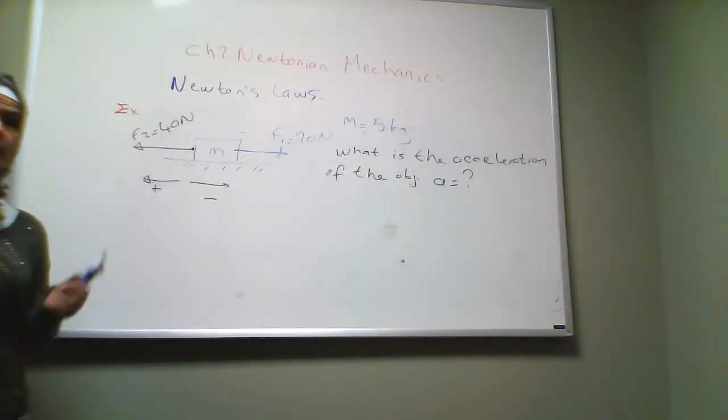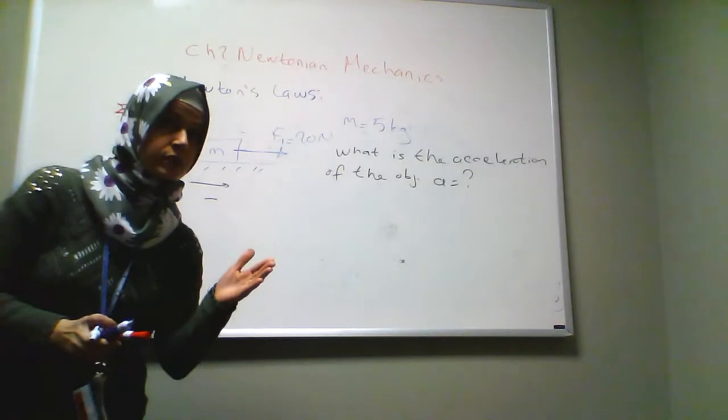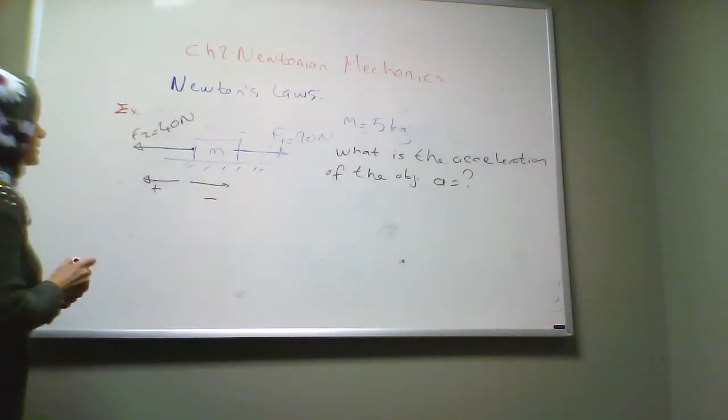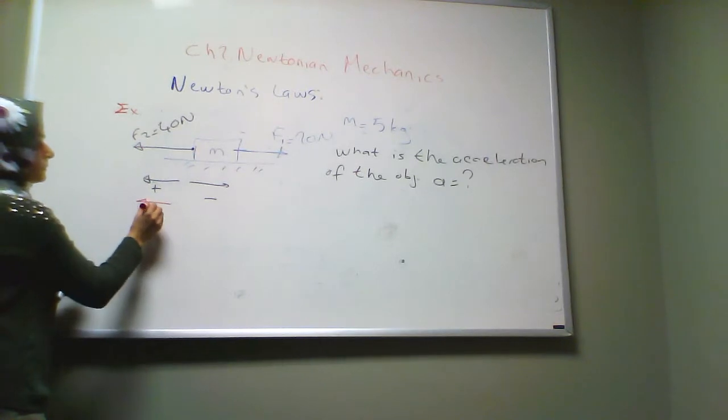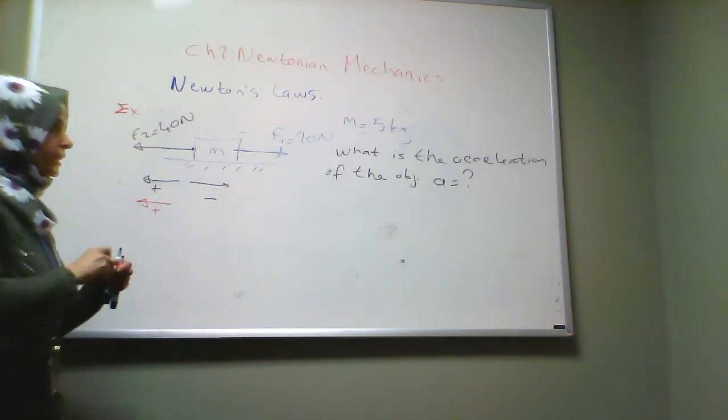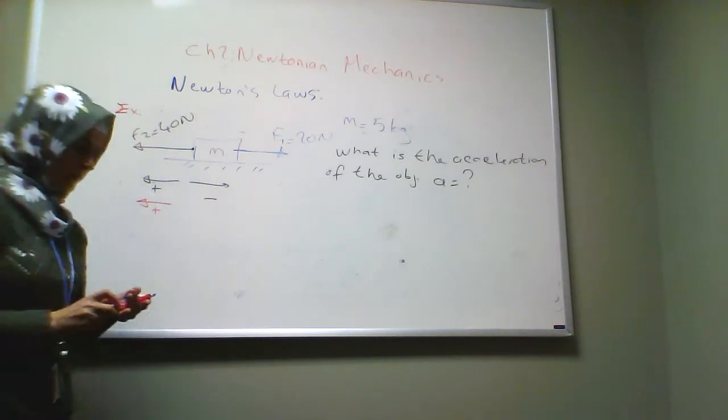First of all, my direction of motion will be in the larger force's direction. So the acceleration will be in the same direction. I've defined my directions now, positive, negative. Now I'm going into the equation.